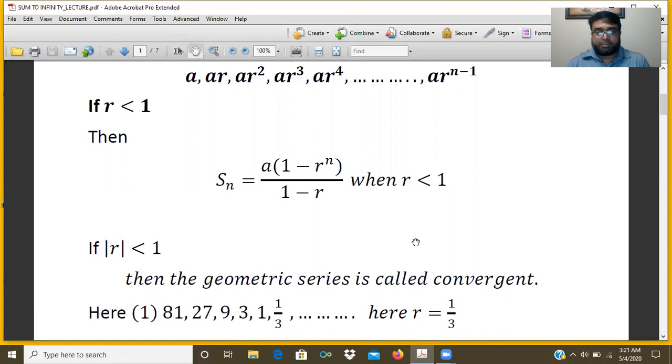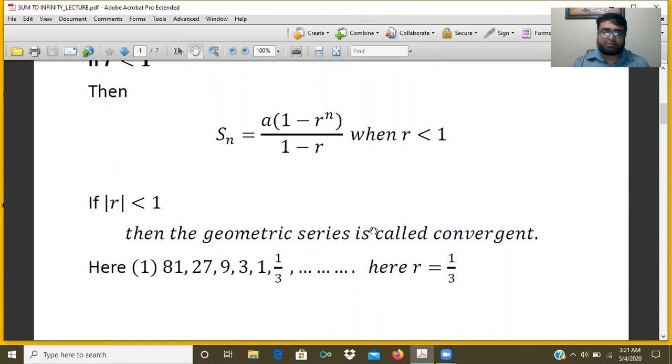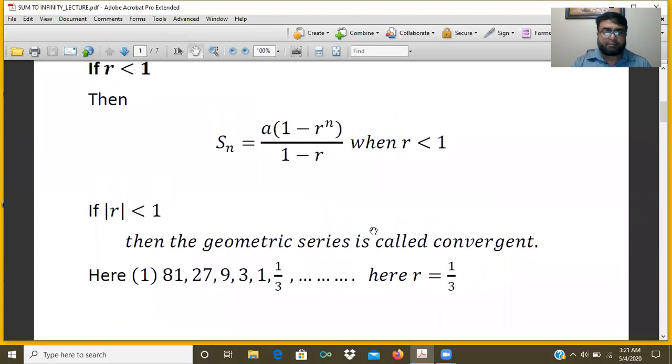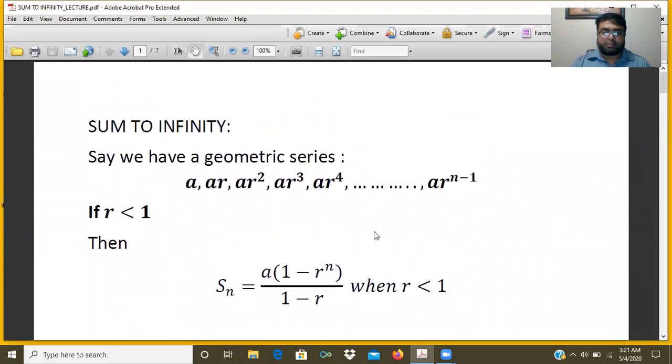We can see different values of r where it would be less than 1, but the modulus of r being less than 1 is found only in particular cases. So only in those cases do we call a geometric progression a convergent series. Let us see some examples so you understand more clearly.